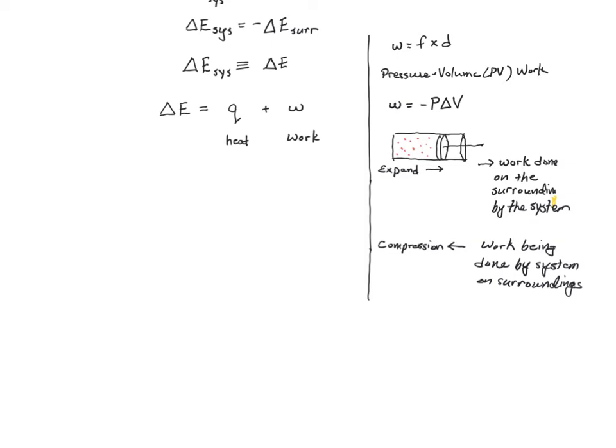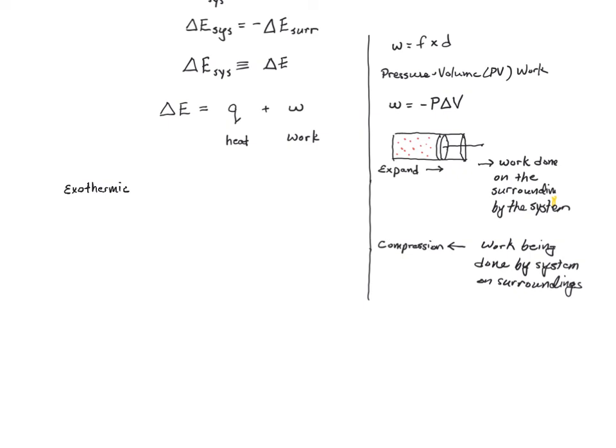Now let's look at what kind of an effect this expansion or compression is going to have on the energy of a system. If a process is taking place that is, say, exothermic, that means energy is being released from the system in the form of heat.